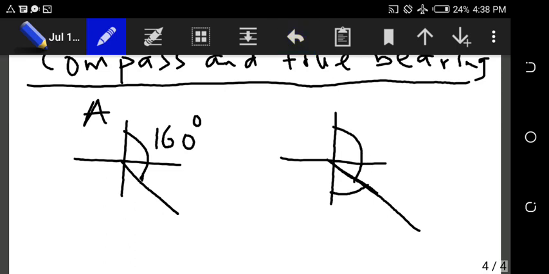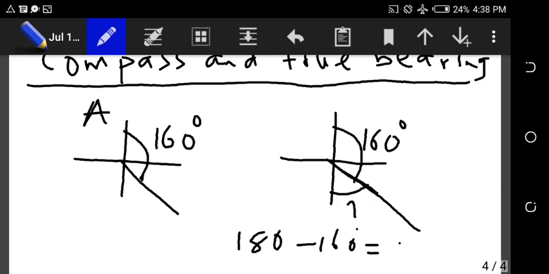So for us to get the angle that is here, we know that here already is 160. So 180 minus 160 will give us 20 degrees. So the angle that we have here is 20 degrees.